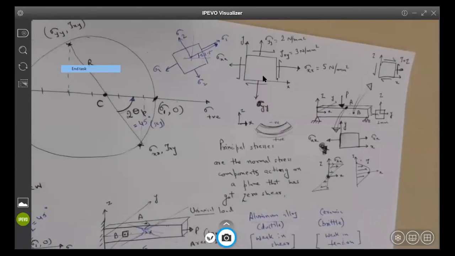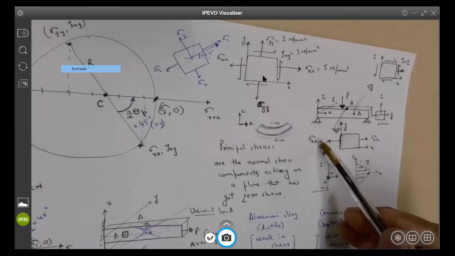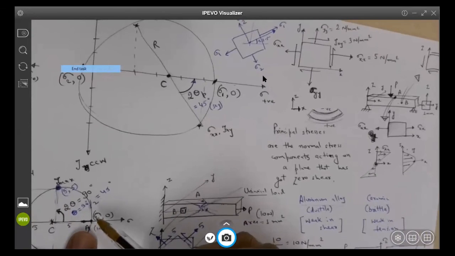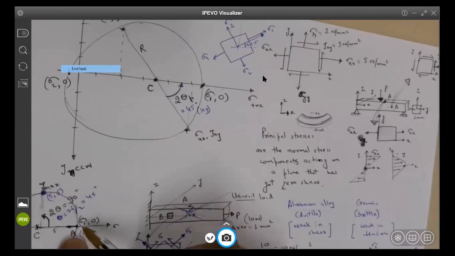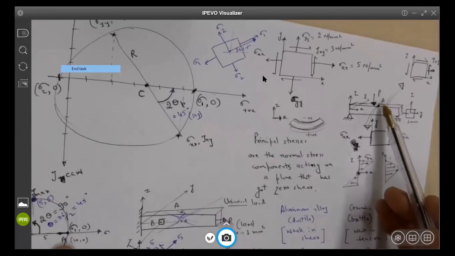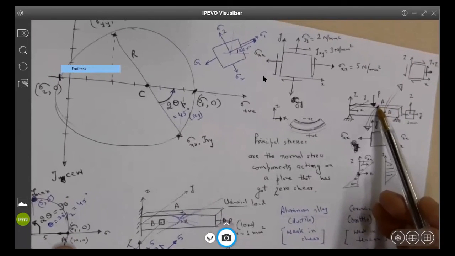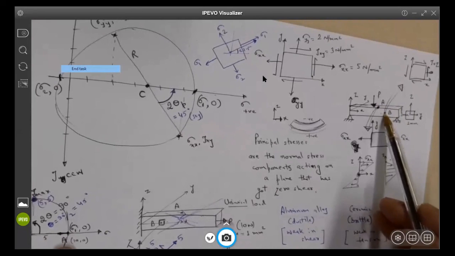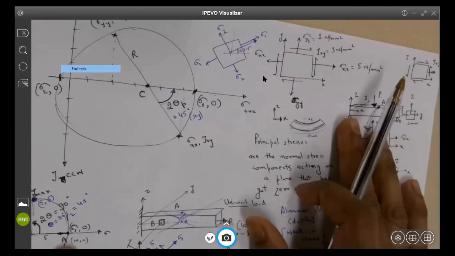The answer will depend on whether I can construct a Mohr circle and find the principal stresses, because that will tell me whether the principal stresses are maximum at point A or at point B. Do you see what I'm saying?